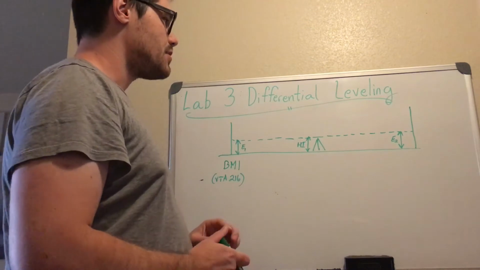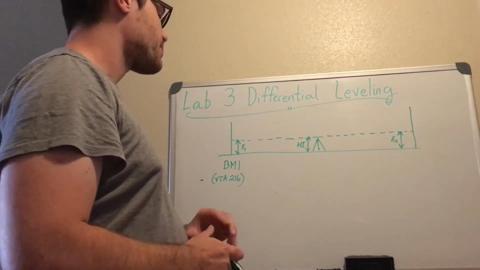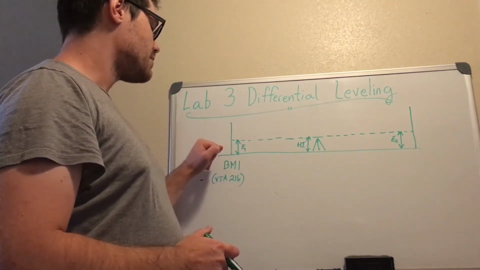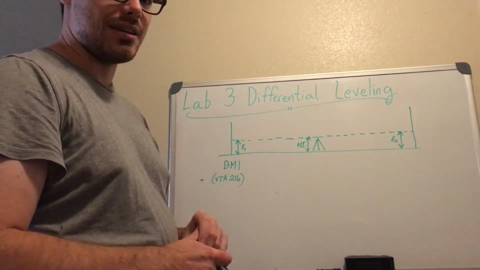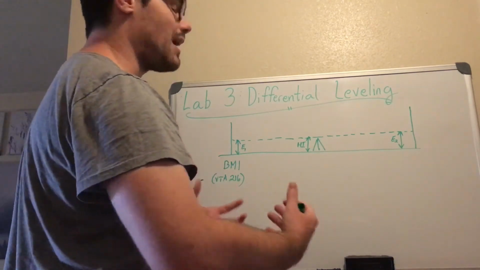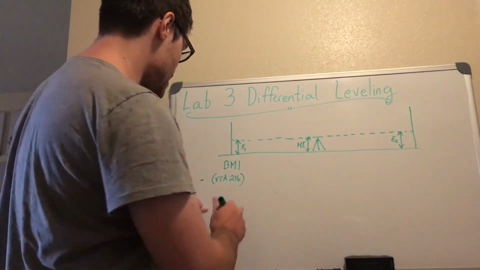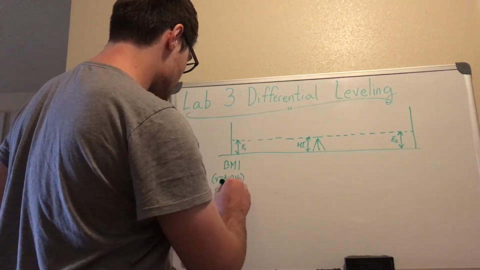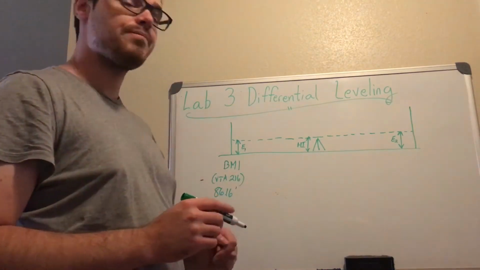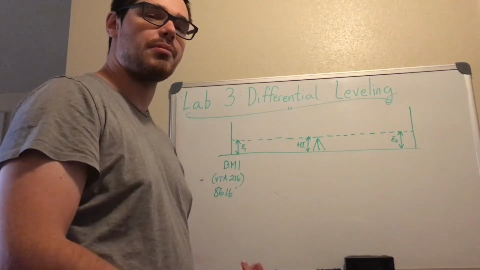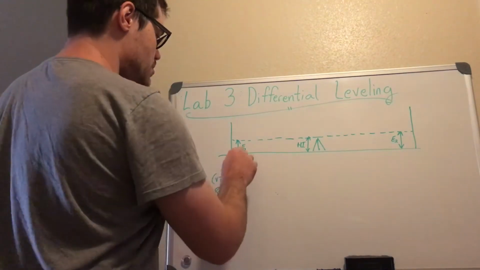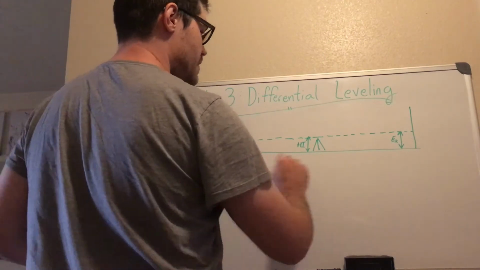In essence, for differential leveling, it's the same thing, but we're going to have a lot of elevations throughout. And typically we want our elevation to be the actual elevation, such as in this one was 86.16 feet. Okay? So we typically want to use the E variables for that. So we're going to use new variables here instead of E1 and E2.